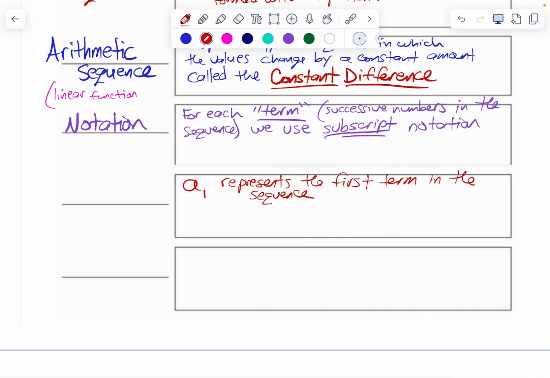Which kind of makes sense with the 1 at least. Okay. a sub n. By the way, this is really common beyond just this application, but using n to represent which term we're talking about goes through lots of different maths than just algebra 1. So this is going to sound weird, just go with me on this. This represents the nth term in the sequence.